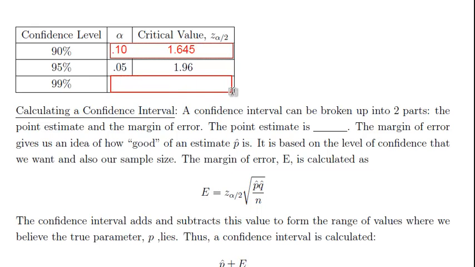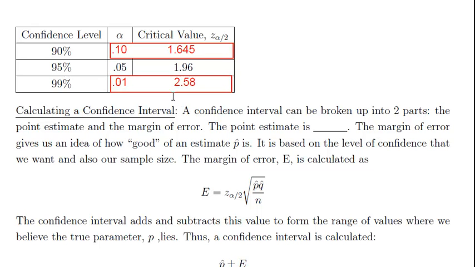And then we went over the 95%. I used the calculator for that. So 99%, our alpha level 0.01, and we use a critical value of 2.58. Okay, so those come from the normal table. We could have gotten both of those by looking at the normal table.